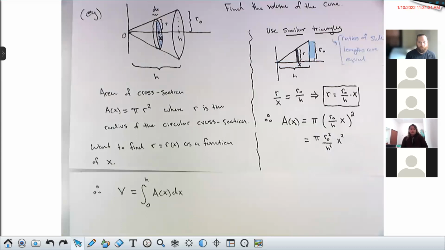For the big triangle, the opposite side is R naught and the adjacent side is H. So R naught over H must be equal to the same ratio for the smaller triangle. This opposite is little r, the radius that I'm looking for, and this adjacent side length here is x, right? That's the distance along the x-axis from the origin to where I took my slice. So R naught over H must be equal to r over x, which I've written here. r over x equals R naught over H. That's the similar triangle argument.